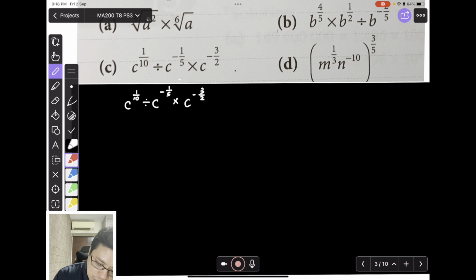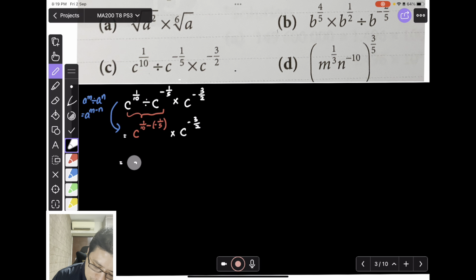First, if I want to combine these two together, just by using the quotient law of indices, right? I can say that this is the same as c to the power 1 over 10 subtract negative 1 over 5, right? Because I know that here to here, quotient law, a power m divided by a power n is the same as a power m minus n. Then after that, multiply by c to the power negative 3 over 2.